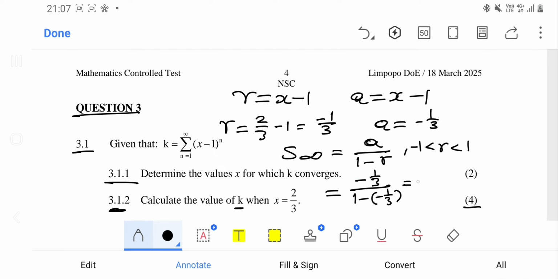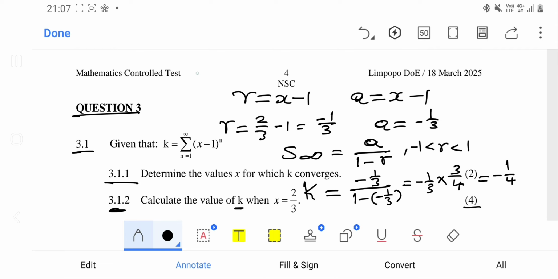We keep the numerator, -1 divided by 3. We change the division sign, and then we flip the denominator. So the denominator is the same as 4 divided by 3. So we flip it, it becomes 3 divided by 4. So this is the same as what? As -1 divided by 4. This means the value of k is -1 divided by 4.